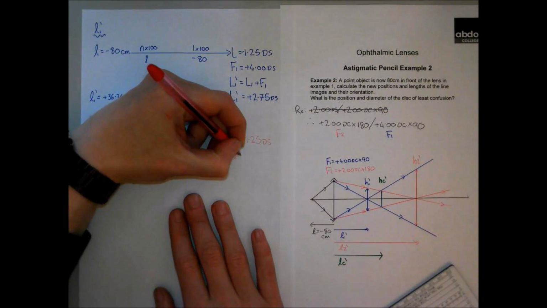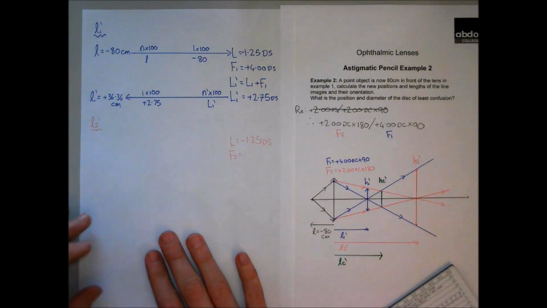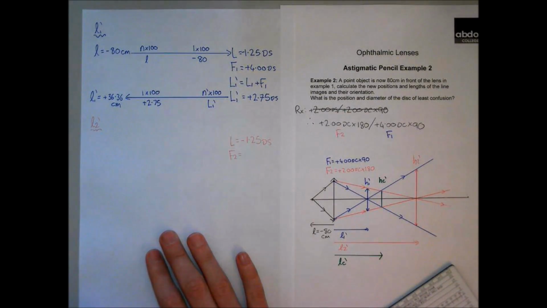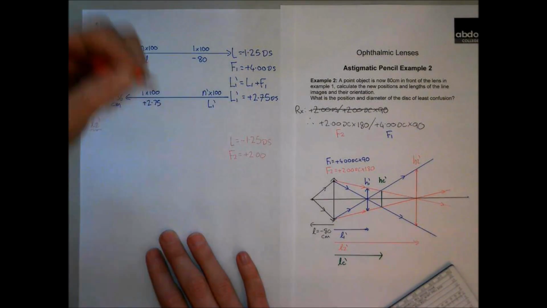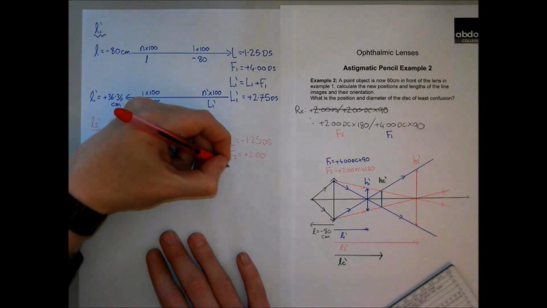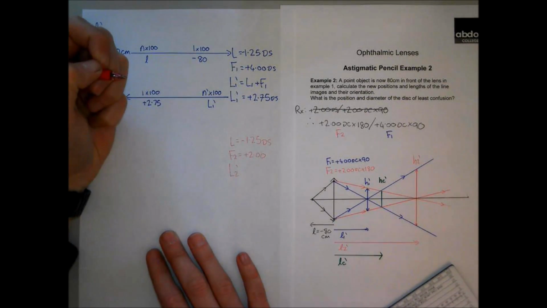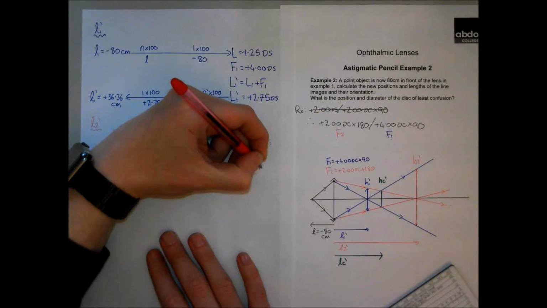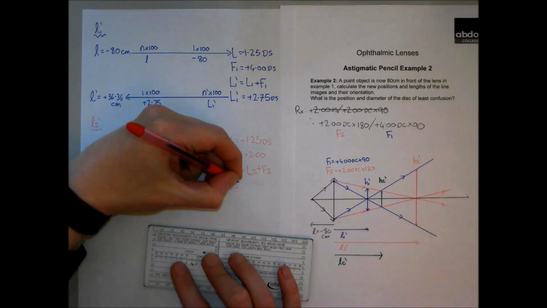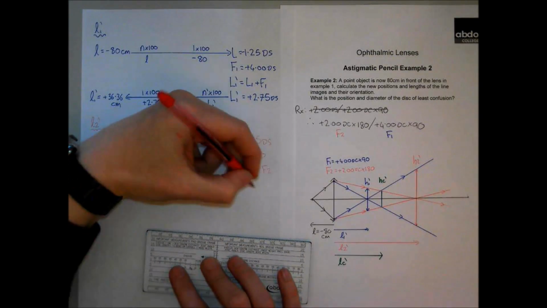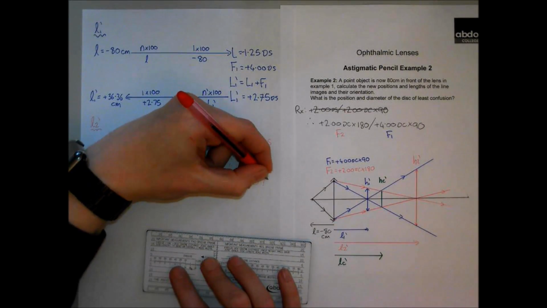But my power in the other meridian, the other side of this astigmatic lens, isn't a +4, it's a +2. It's a little bit weaker, so it's going to focus the light further away. I want to know what it's doing, and that's L2 plus minus 1.25 plus a +2. My L2 dashed is going to be +0.75.